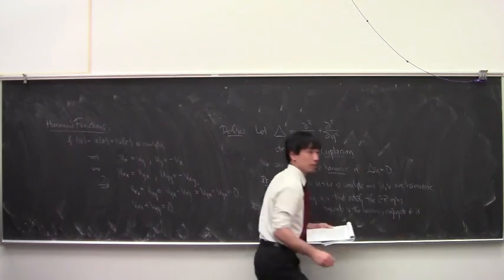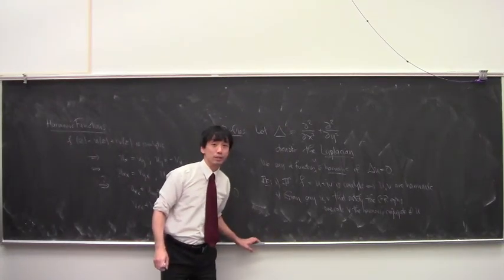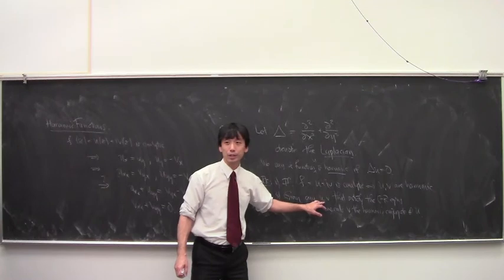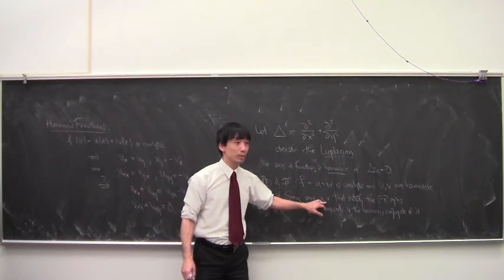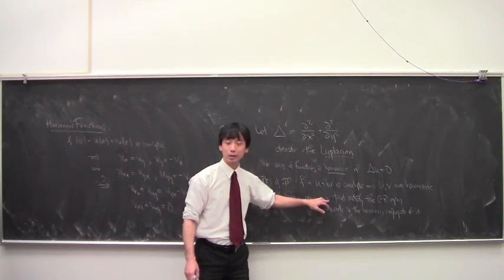And the question that is sort of interesting is the following. Suppose you have a harmonic function u. Is it always possible to find a v so that when you add iv to u, you get an analytic function? Can you find a function that you can add on to this to make it an analytic function?